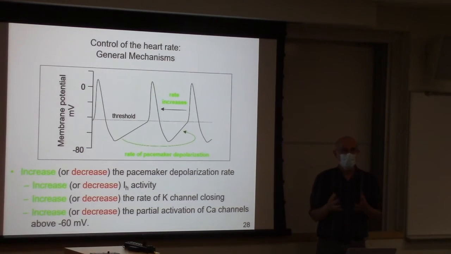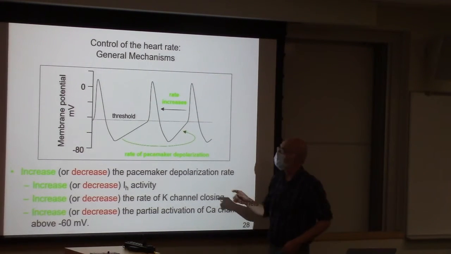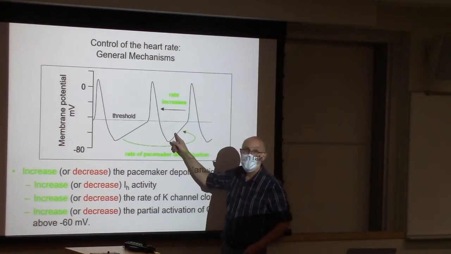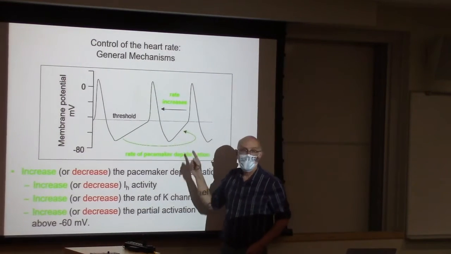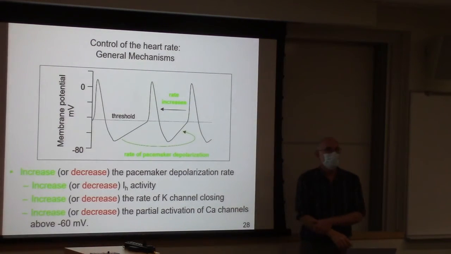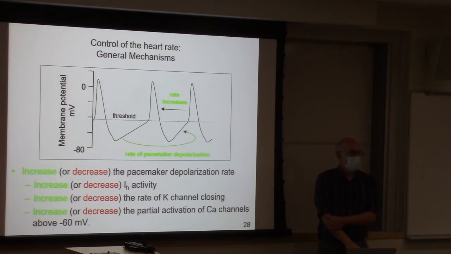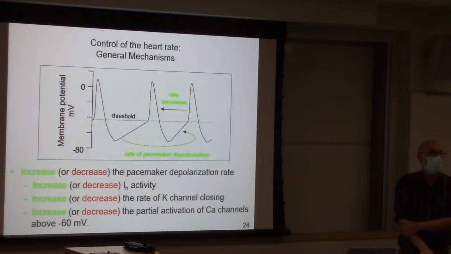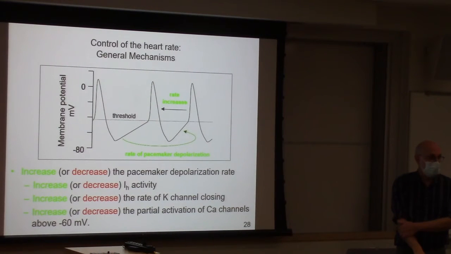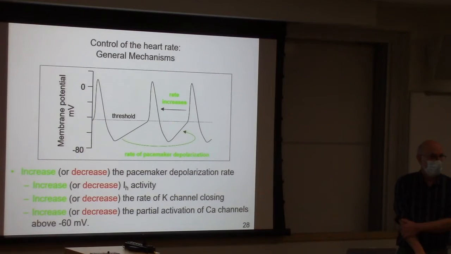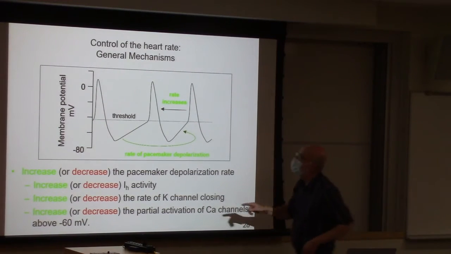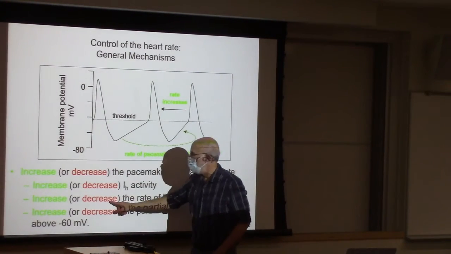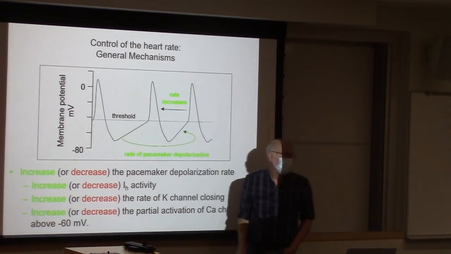Questions about this first general mechanism? How we speed the slow, ultra-slow pacemaker depolarization. So you could increase or decrease either of those. You could do any of them or any combination of them. So that would make the slow depolarization a little bit faster or a little bit slower. Oh, I see. If you're saying if we increase this and we decrease this, we don't do that.